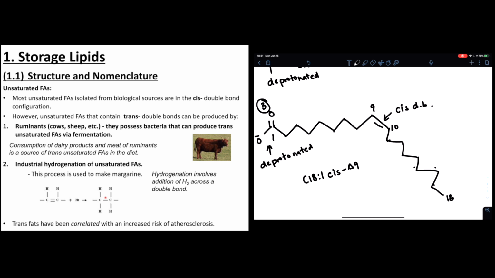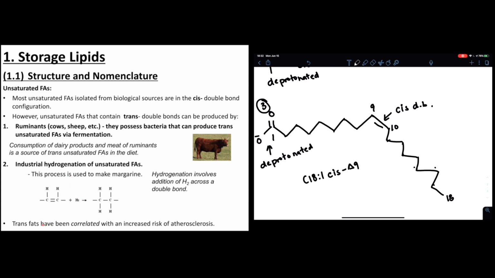So that's what the process of margarine making is like. You take cheap plant oils, which are unsaturated, you hydrogenate them to make them into saturated fatty acids like they are in animal fats. Okay, so people who eat a lot of margarines, for example, that may not have complete hydrogenation, this is another source of trans double bonds in your diet.